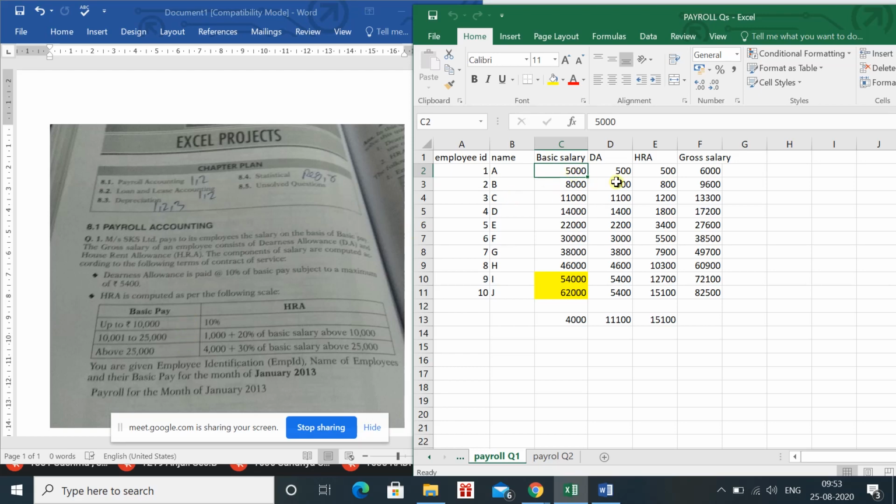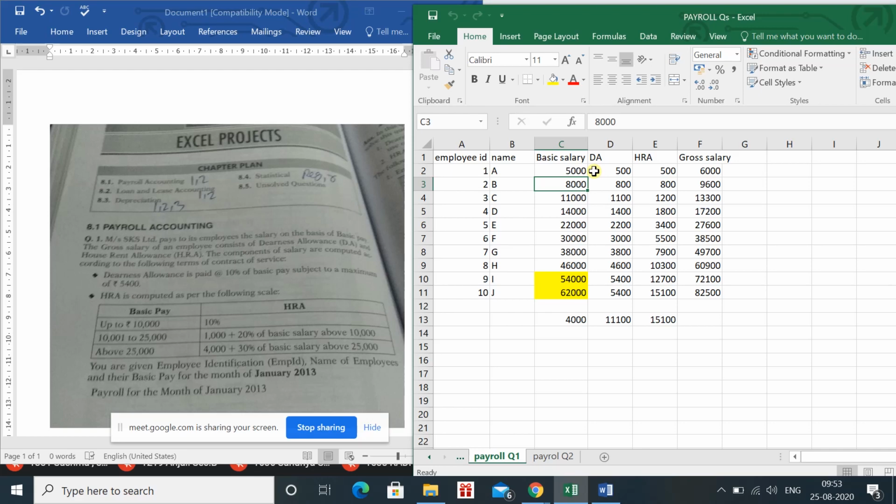So you can see that I have taken basic salaries as an example. I have just assumed these basic salaries. For A and B, I have taken basic salaries of 5,000 and 8,000, which fulfil the condition of up to 10,000.